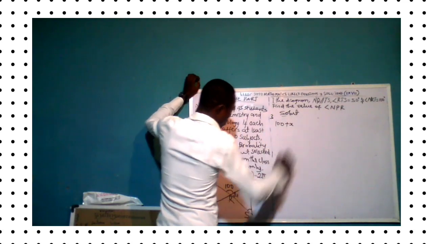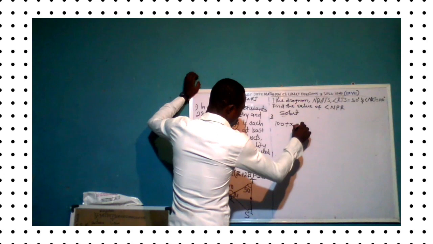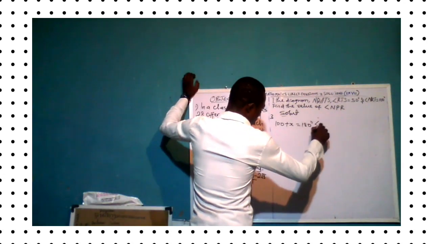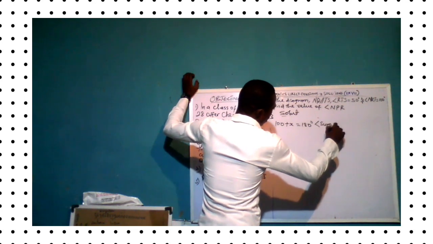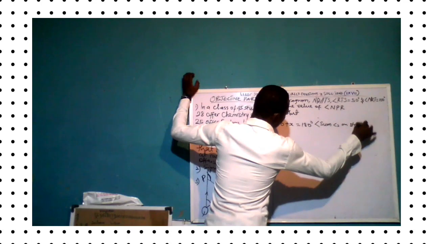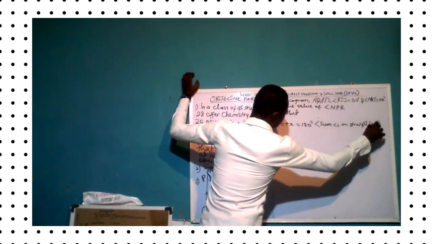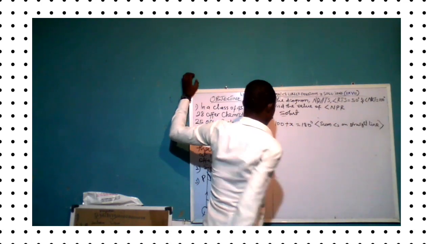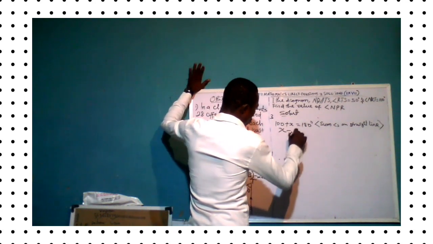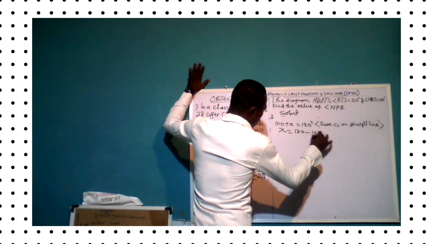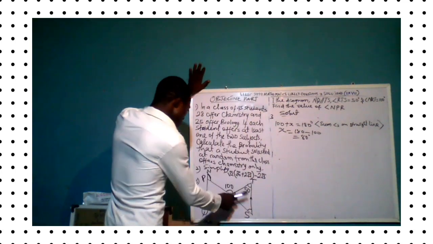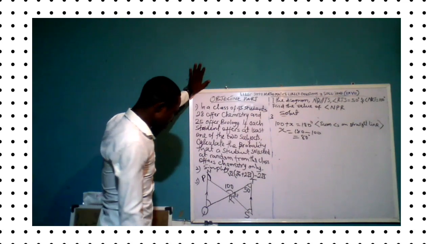So 100 plus x is equal to 180 degrees, and the reason is sum of angles on a straight line. If you make x the subject of the formula, x is equal to 180 minus 100, which will be equal to 80 degrees.